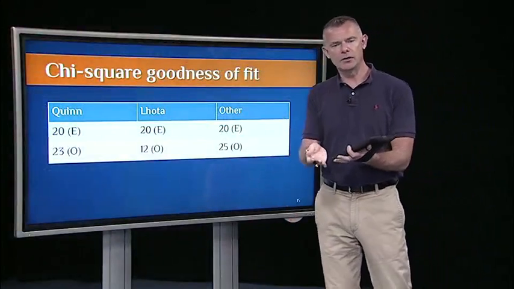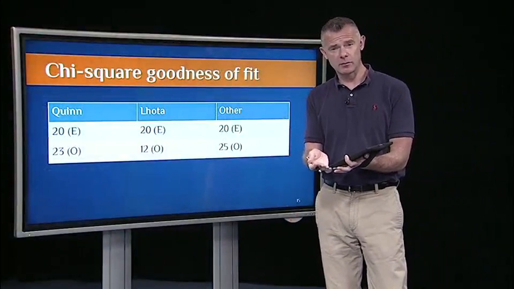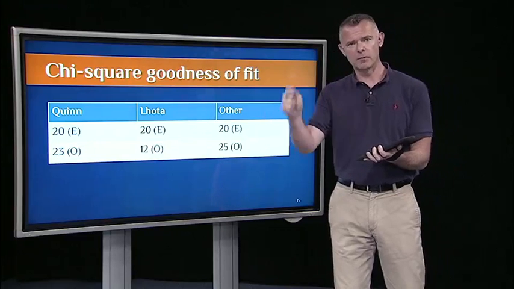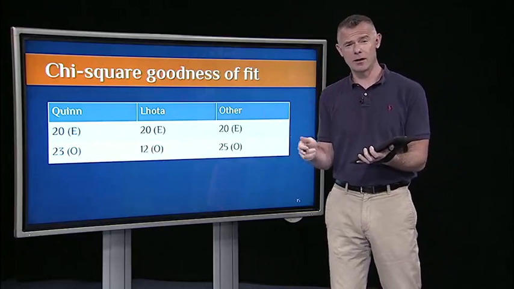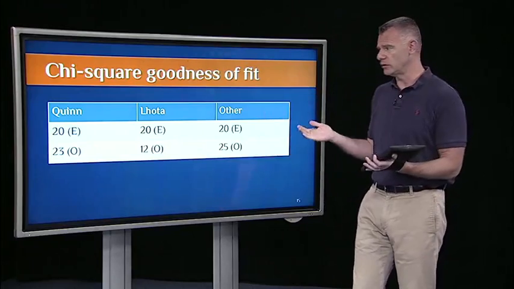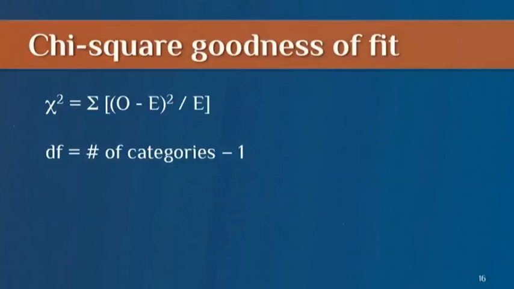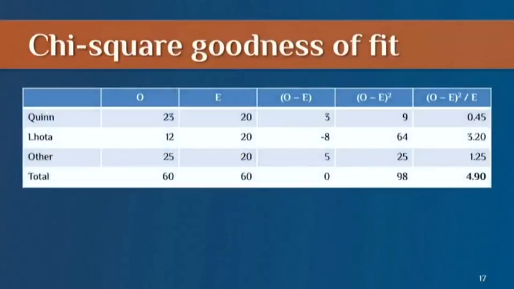Now all I have to do is plug these numbers into that chi-square formula, get my chi-square, obtain my p-value from the right sampling distribution of chi-square, and then make a decision to reject the null or retain. So again, here's the formula. I've set it up in this table so we can do the calculations pretty easily.